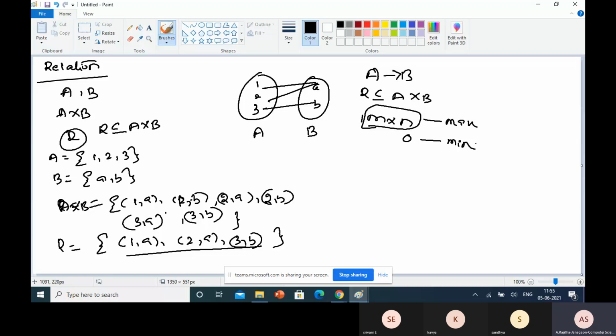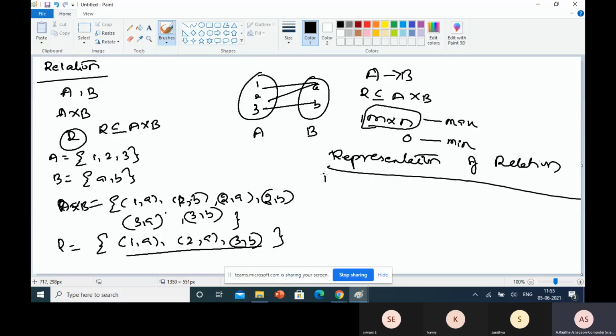Okay, so this set is represented in different ways. Those different ways are the representation of relation. Here a relation is represented in different ways. One is by using a list of elements, and second one is by statement.